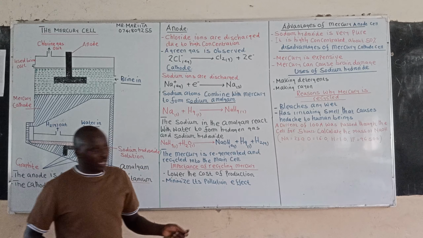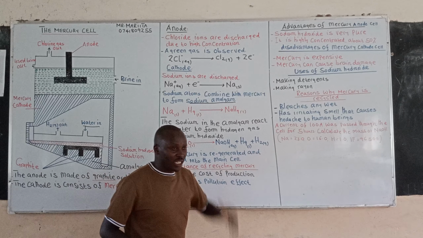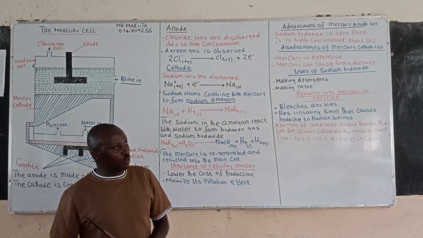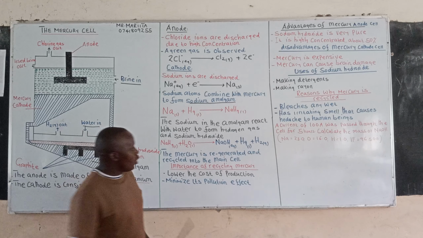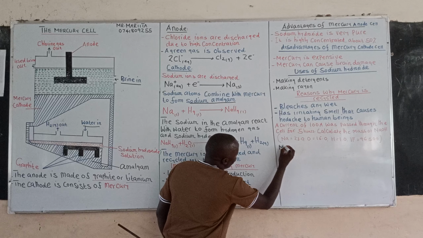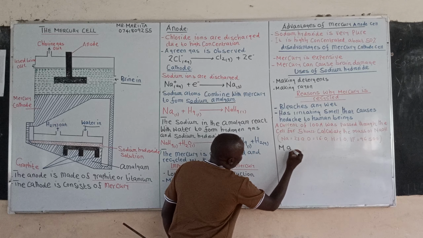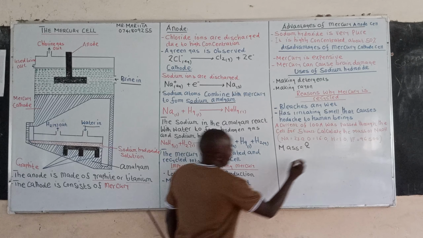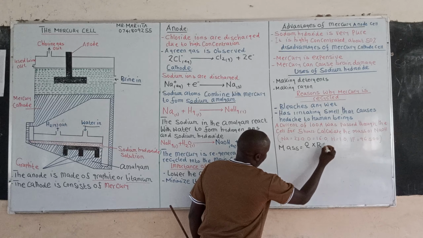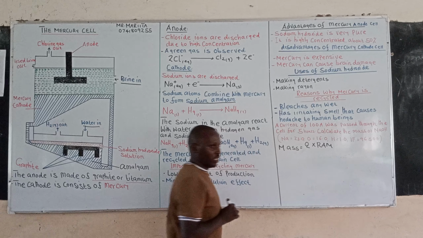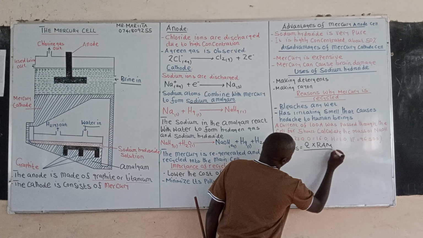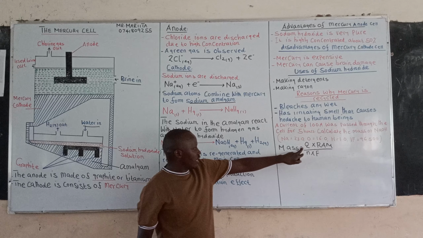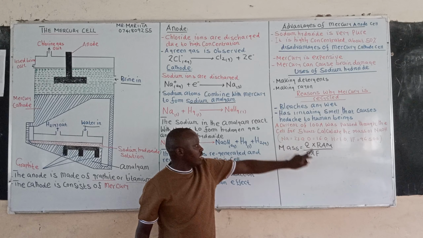We have a current of 100 amperes passed through the cell for 5 hours. Calculate the mass of sodium hydroxide. So in this case, to calculate the mass, mass is equal to Q, the quantity of electricity, multiplied by the relative atomic mass of that compound, then divided by n, multiplied by F. Q is the quantity of electricity required.